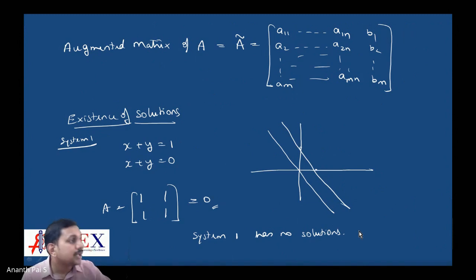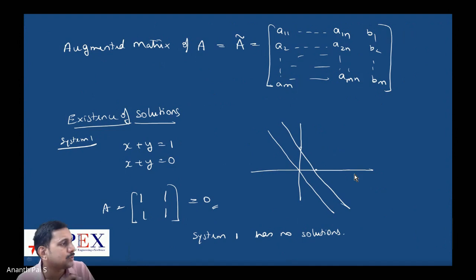Remember again, if the determinant of the coefficient matrix is equal to 0, there is no solution. You can say these are parallel lines. Here x plus y is equal to 0, and x plus y is equal to 1. This means they are parallel lines. You don't have them meeting at one point.